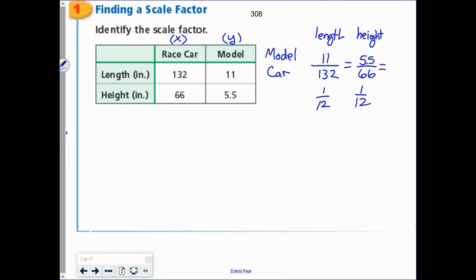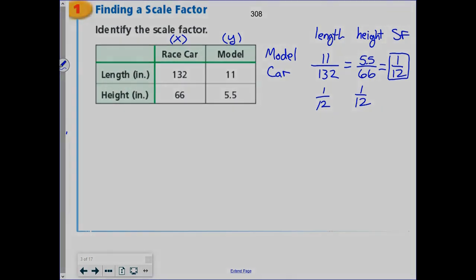So our scale factor, our SF, is 1 to 12. So we just set up the ratios and reduce them. Preferably, we want the top number to be 1, but it doesn't have to be. It does not have to be 1, but we do not want decimals in our scale factors.